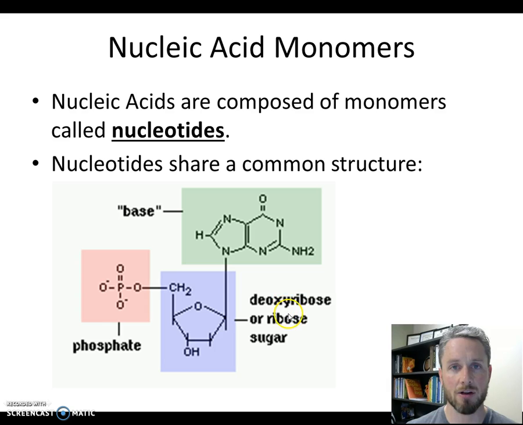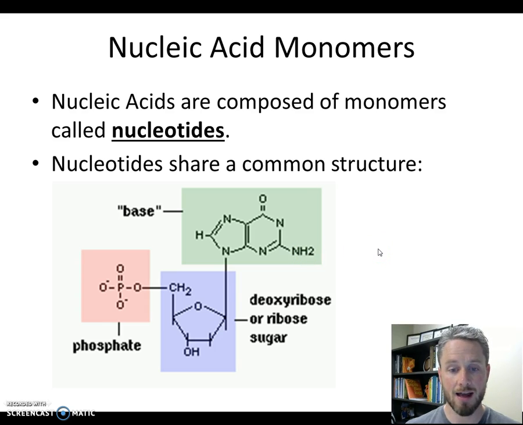And we can talk about how to tell those apart later on in the course. So every nucleotide has a phosphate, and then it has a sugar in the middle. And then the last piece that every nucleotide has is this base part up here. Sometimes that gets called a nitrogenous base because it contains so much nitrogen. The base is the part that gives the nucleotide its identity.